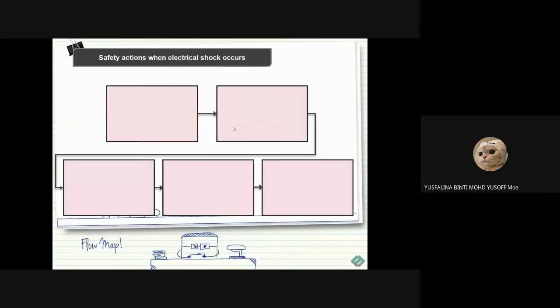So, safety action when an electrical shock occurs. Turn off the main source of electricity. You know at your living room there is the main switch, right? So you turn off the main source. Then separate the victim from the source of electricity by using an insulator, so you can use wood, any insulator.